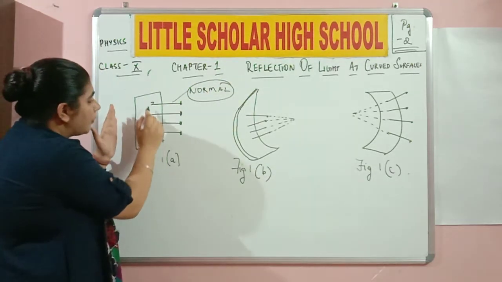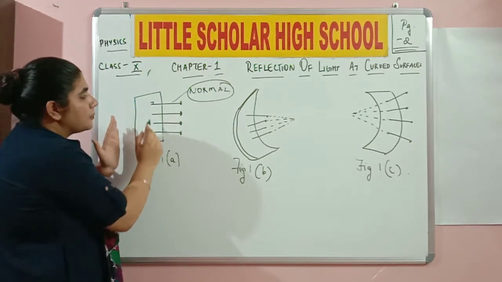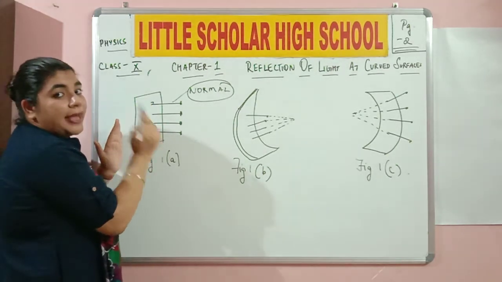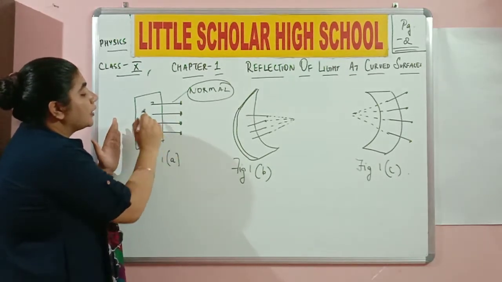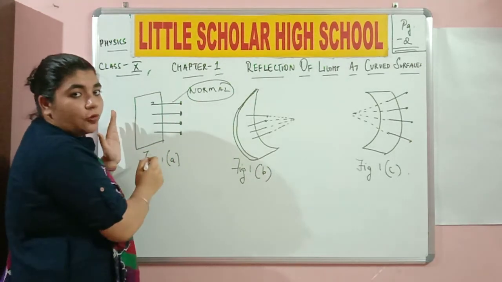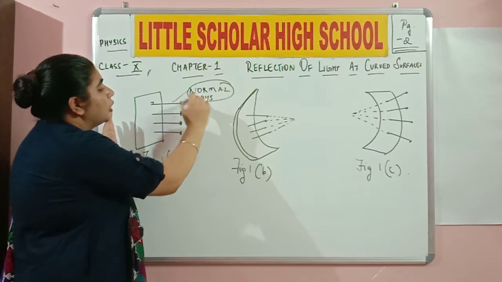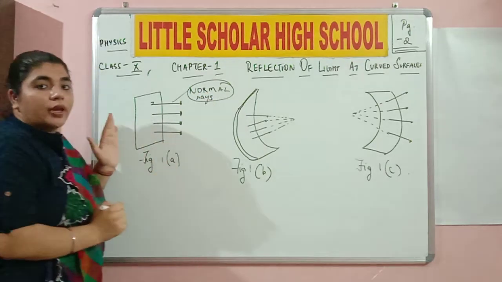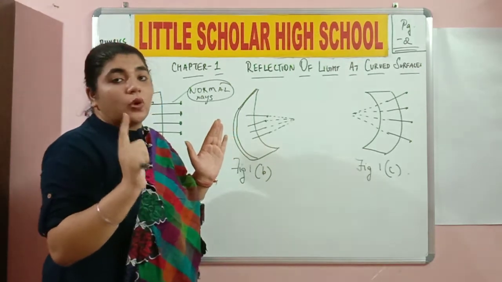So here my rubber foam, which is erect in shape, is going to represent the plane surface, and these iron nails which are perpendicularly fixed into the rubber foam are going to represent my normal rays. Did you understand my point over here? We studied two kinds of spherical mirrors, the concave and the convex.